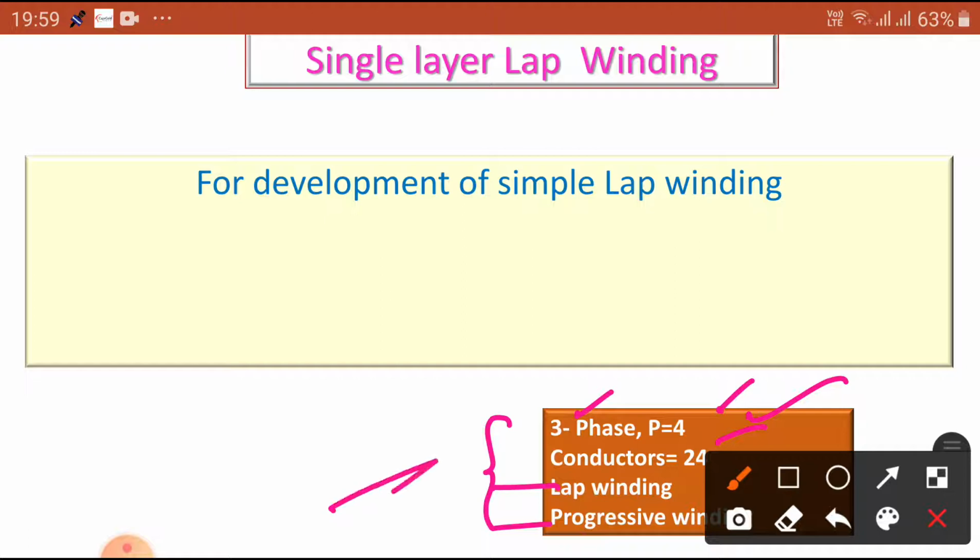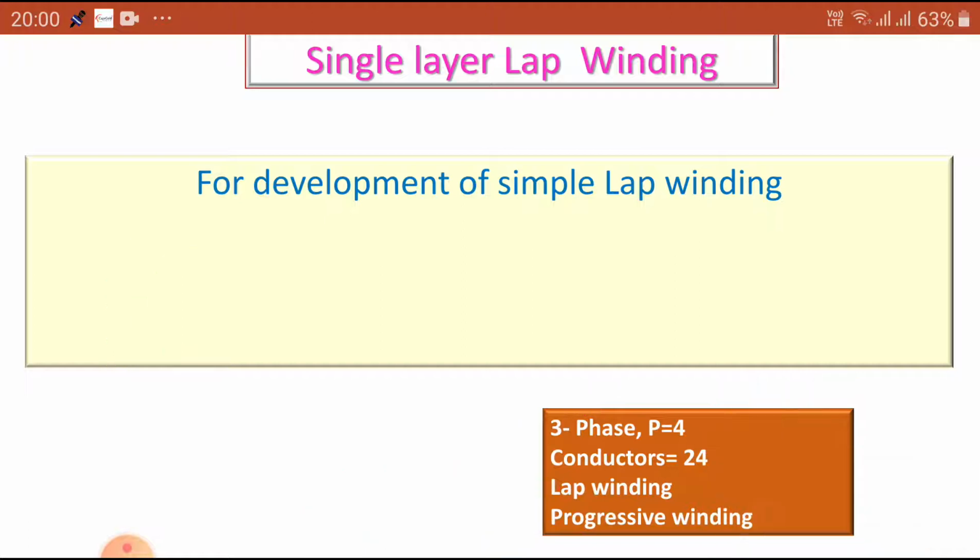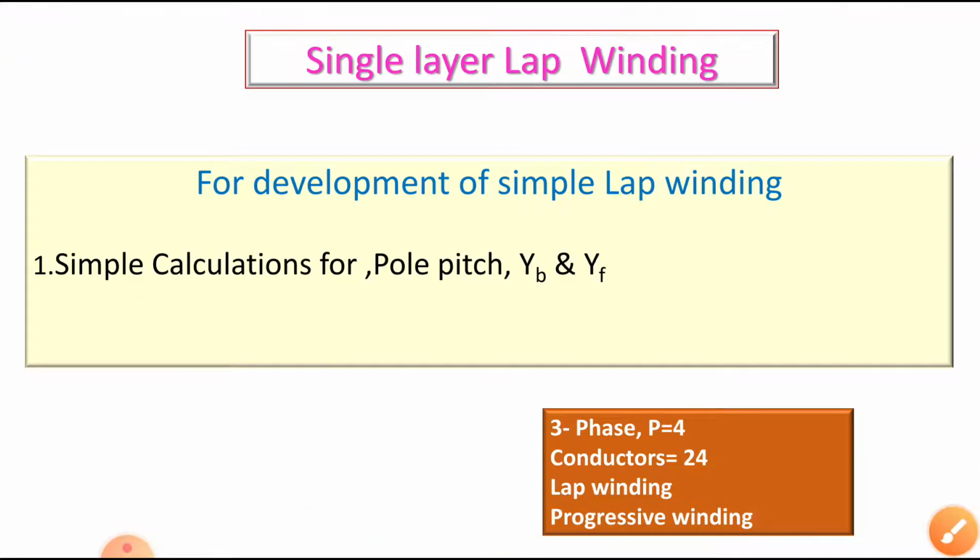So for any winding, we have to follow some steps, 1, 2, 3 steps. In DC, there are another 2 steps, we have to connect the commutators and the brushes. Here there is no problem of commutators and brushes. Now what are the steps? As usual, the first step is the simple calculation of pole pitch, back pitch, and front pitch.